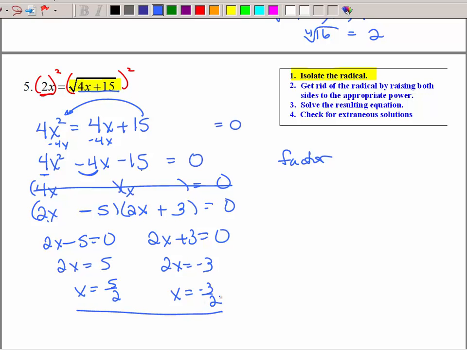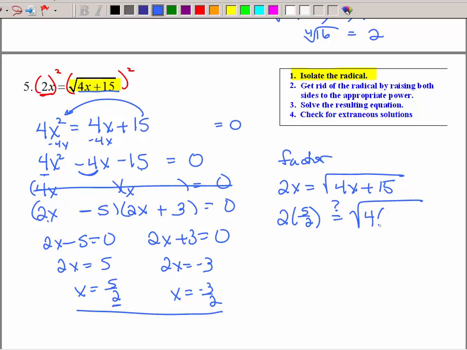So I have two answers that, yes, I have to check. And I know you're going, ugh, fractions. It's not going to be as bad as you think. Now keep in mind, you have to put in x everywhere there is an x. So I have 2x equals the square root of 4x plus 15. So I'm going to check 5 halves. So 2 times 5 halves, does that equal the square root of this?